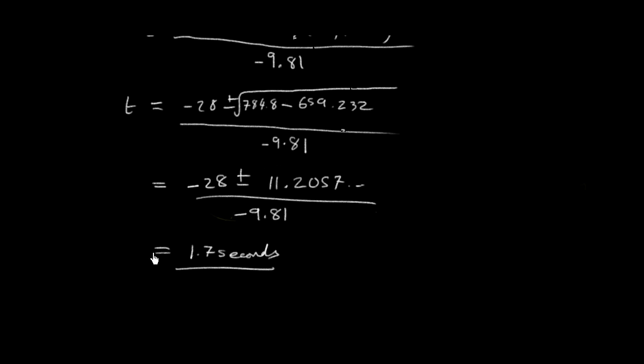1.7 seconds. That's for one of my t's, so I'm going to call that t1, and t2 would be minus 28 minus 11. So minus 28 minus memory recall divided by negative 9.81, and that's 3.996, so that's 4 seconds.